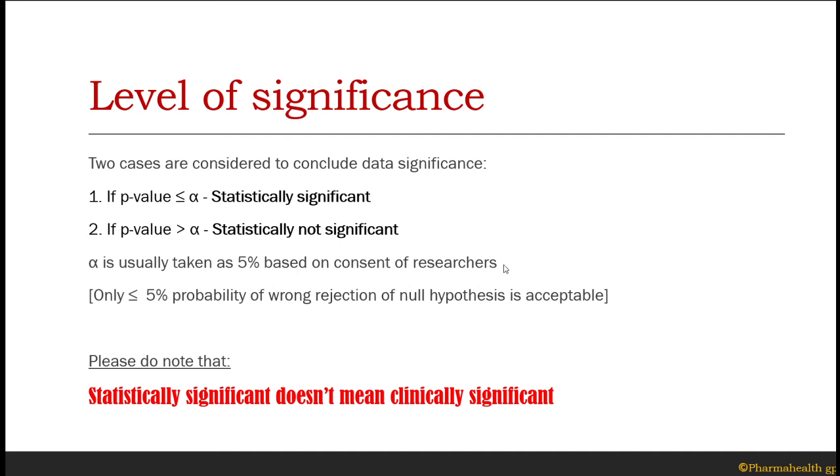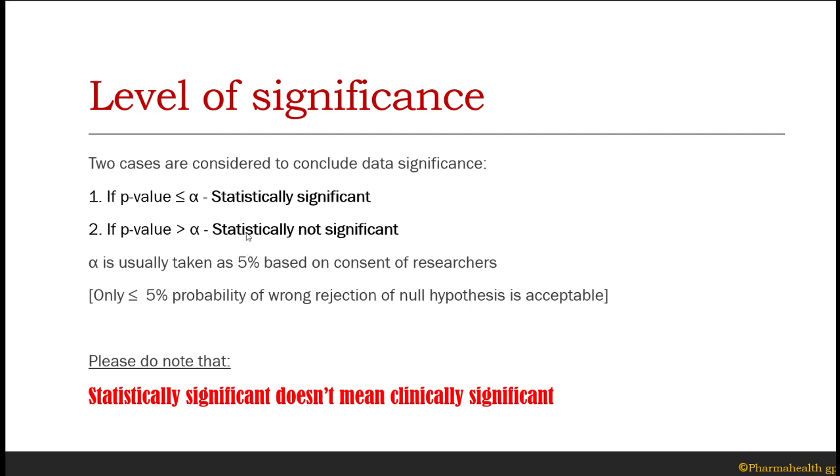With the consent of researchers, it has been accepted that only less than or equal to 5% probability of wrong rejection of the null hypothesis is acceptable, not more than 5. Wrong rejection of the null hypothesis means type 1 error, which is denoted by alpha.